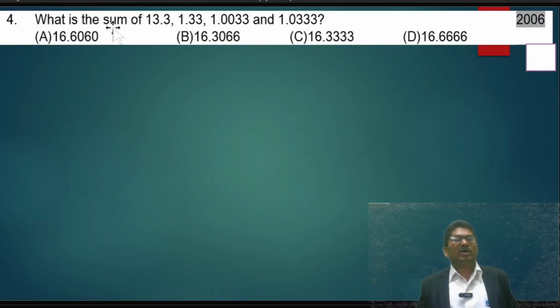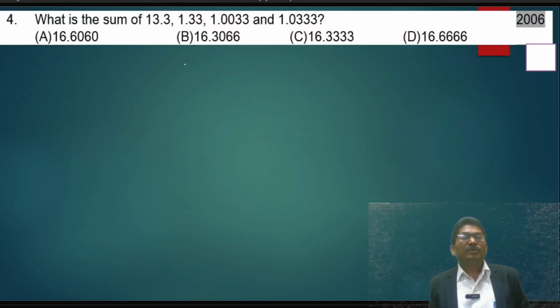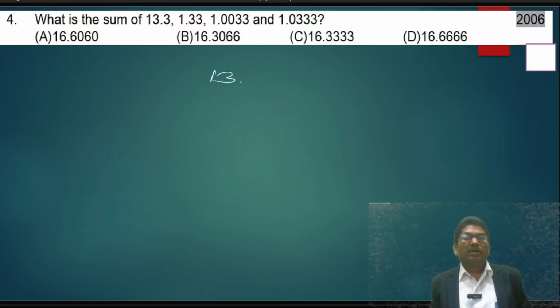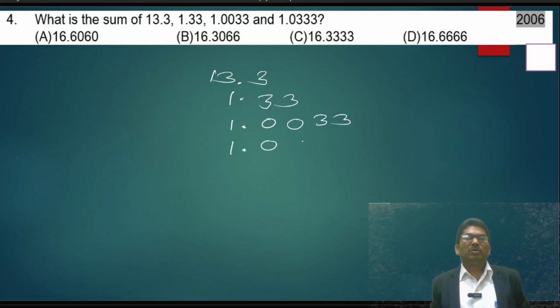Next question 4. What is the sum of 13.3, 1.33, 1.0033 and 1.0333? So sum means addition. 13.3, 1.33, 1.0033, 1.0333.